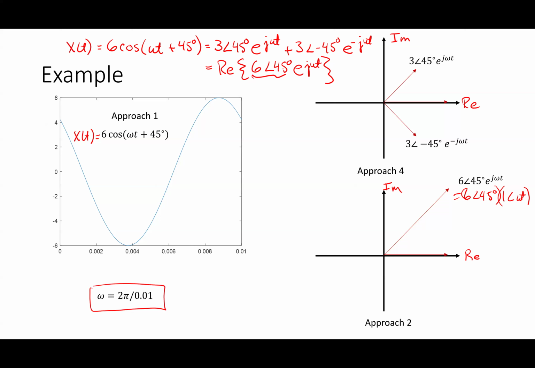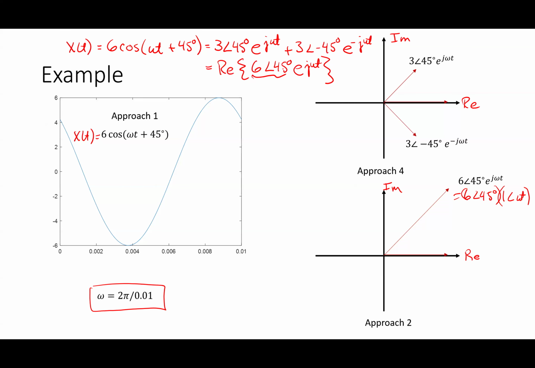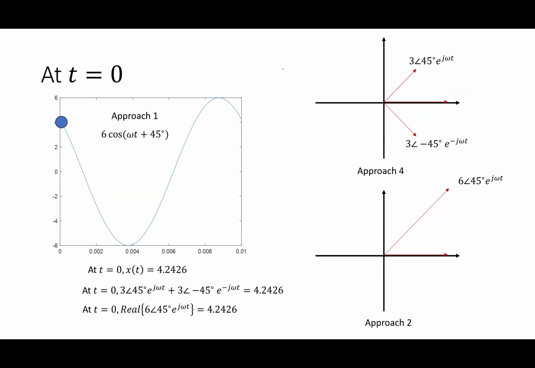So if I look at this at time t equal to 0, remember that both this vector and those two up there rotate as time advances, in order to make this true. At time t equal to 0, if I look at my original x of t, I drew a big blue dot right there. At this time, x of t is equal to that.